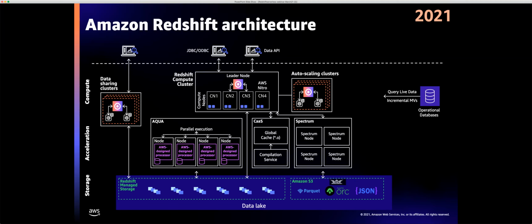Redshift automatically maintains the materialized views as the underlying data changes, and also matches them. So when you're querying the base tables, Redshift's rewriter and planner automatically detect if it is a good idea for this query to be served from a materialized view, and then makes it happen.